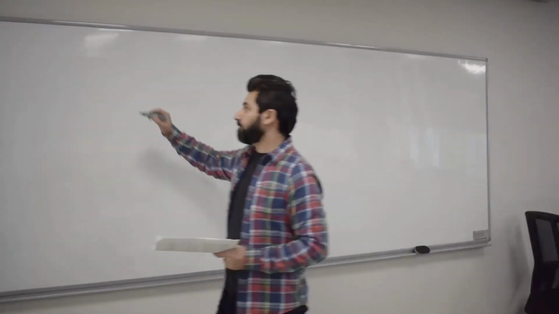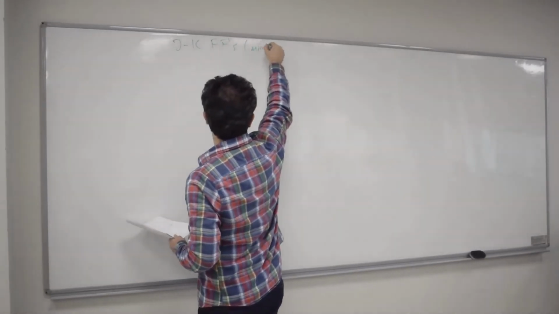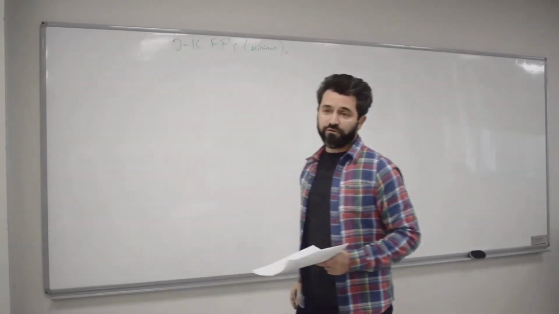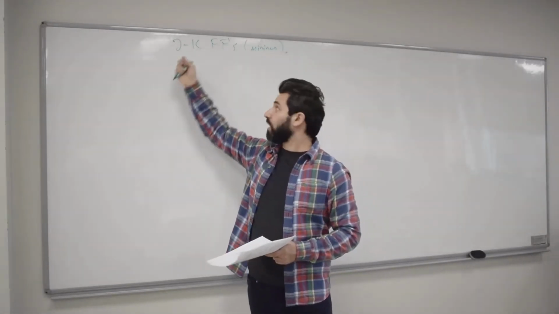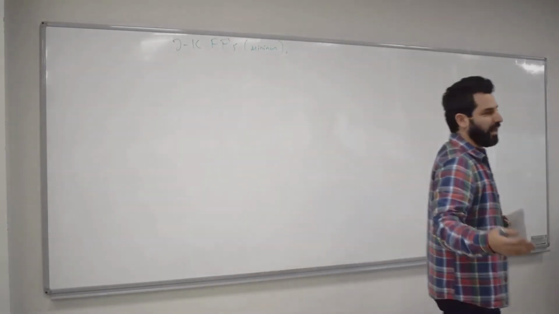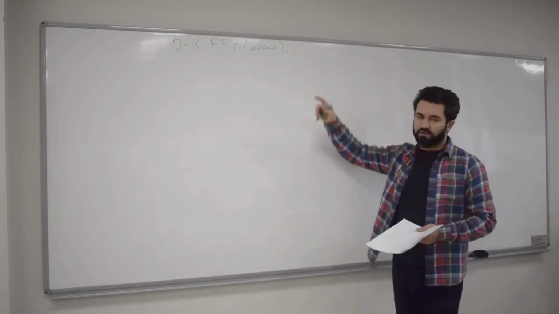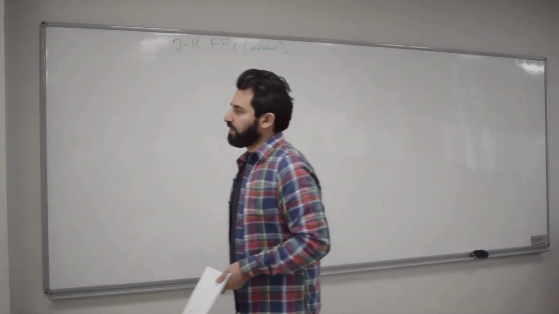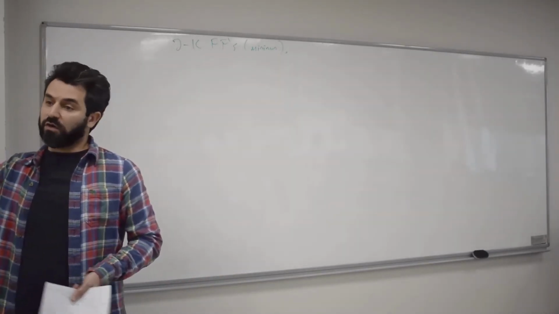So I'm going to use JK flip-flops, minimum, because most of the time flip-flops are sold at a much higher price than NAND gates. You can buy hundreds of NAND gates for the price of a single flip-flop. That's why we're going to minimize the flip-flops, and that's why I used state reduction here to reduce the number of states, so I can use a smaller number of flip-flops.